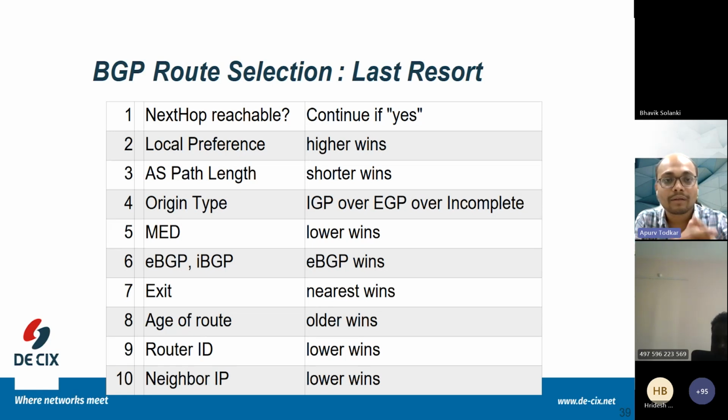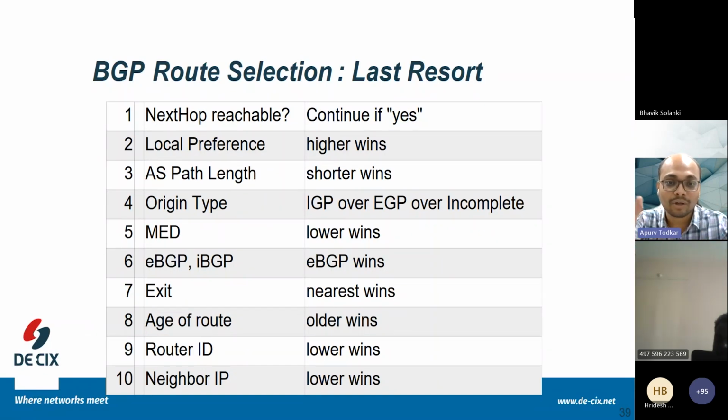However, it is important to note that these steps should not be relied upon; typically the decision should be made in the earlier steps itself. If you find yourself relying on the final steps to influence the traffic, you should look at your BGP configuration, because something is not proper in it. You should not fall to the 9th and 10th step.